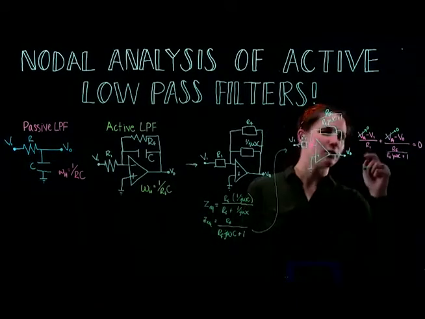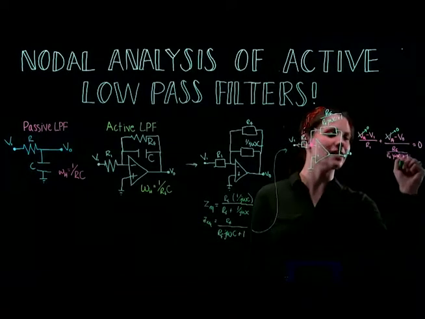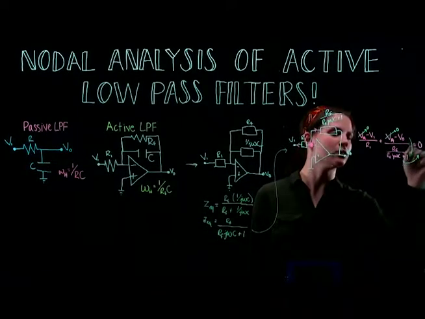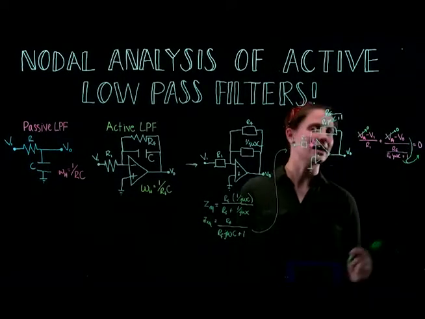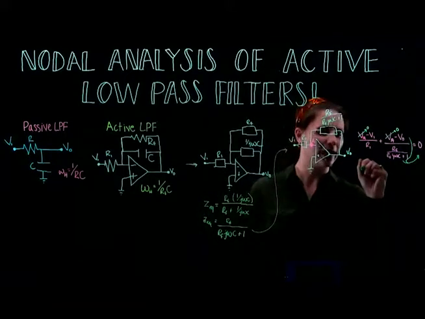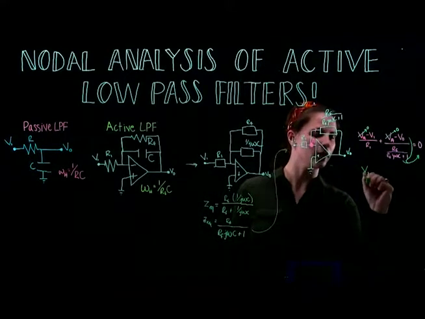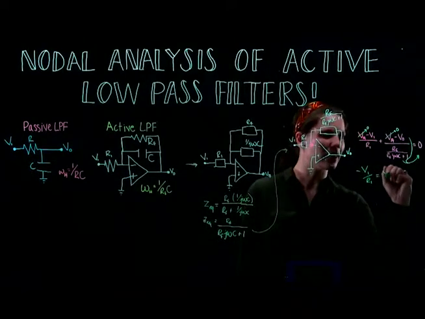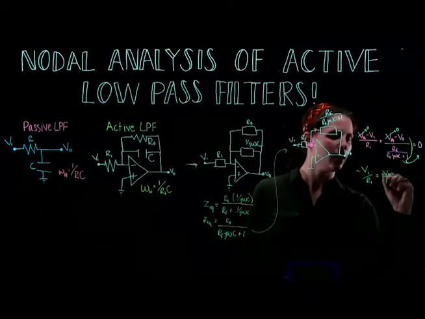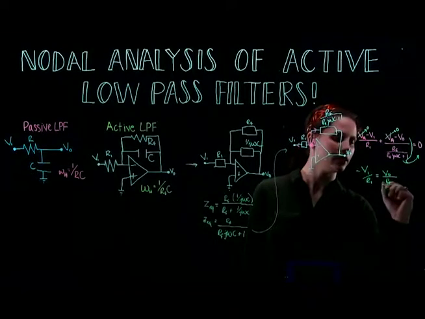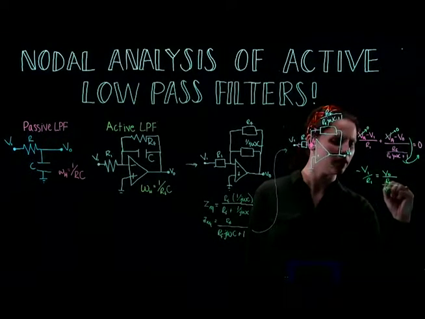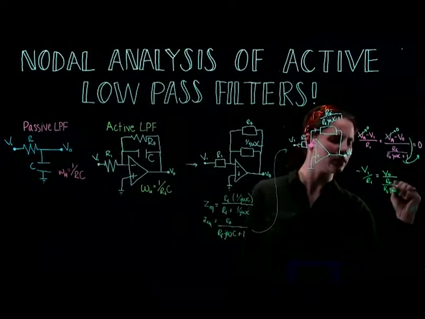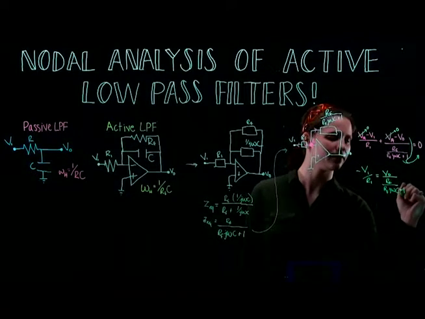So what I'm going to do next is I'm going to move V out over to the other side, so move this whole term over to that side. So we'll have negative V1 over R1 equals V out over RF divided by RFJWC plus 1.